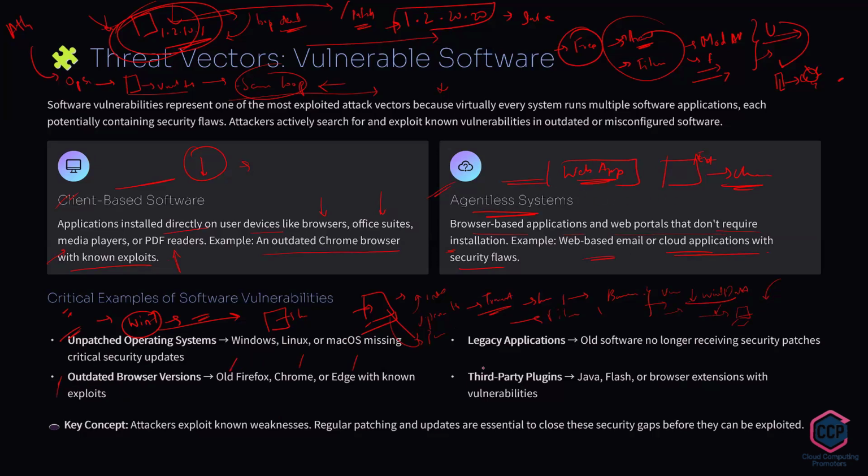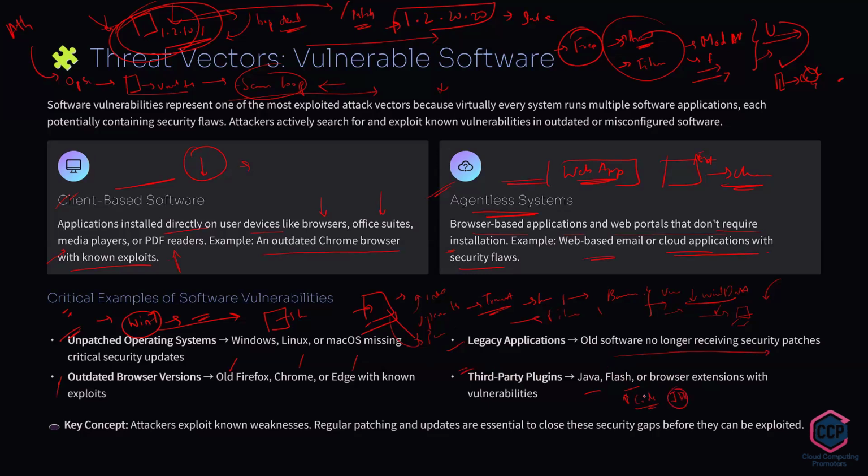Outdated browsers like old Firefox, Chrome, Edge with known exploits, and legacy applications, old software no longer receiving security patches, like Windows 7, Office 2000, Word 2007, MS Office 2007. Third-party plugins like Java, Flash. For coding software also, we need to update.